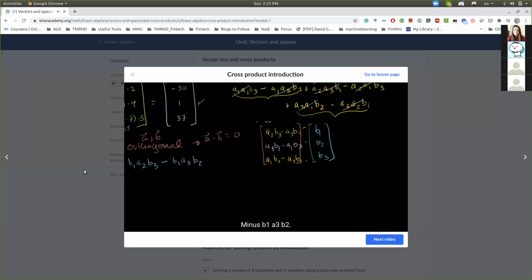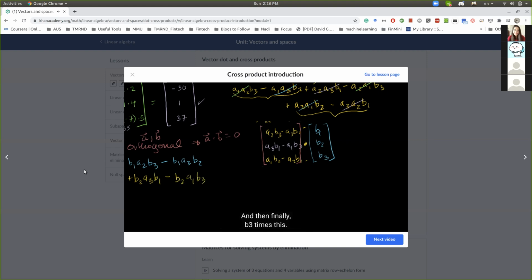Let me switch colors. And then B2 times this thing here is going to be plus. This is all really one expression. I'm just writing it on multiple lines. This isn't a vector. Remember, when you take the dot product of two things, you get a scalar quantity. So plus B2 times this thing: B2, A3, B1 minus B2, A1, B3.